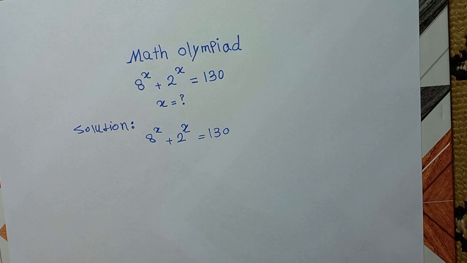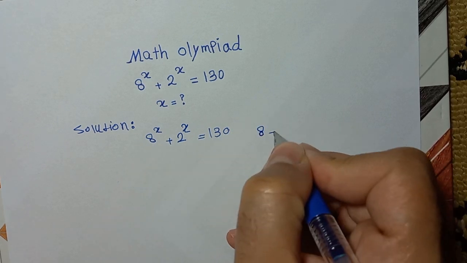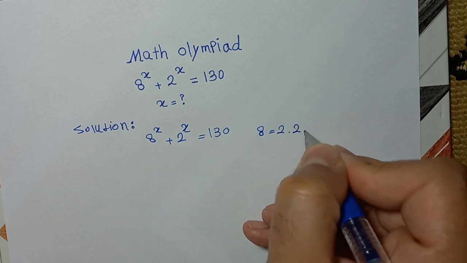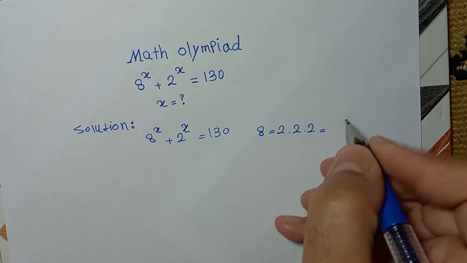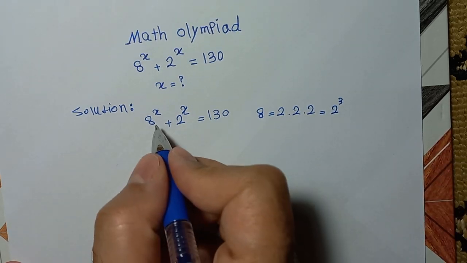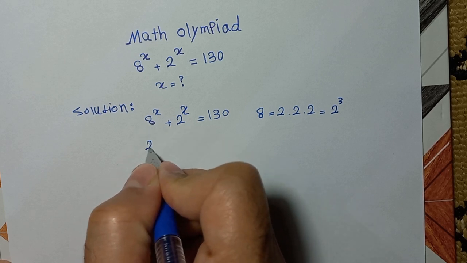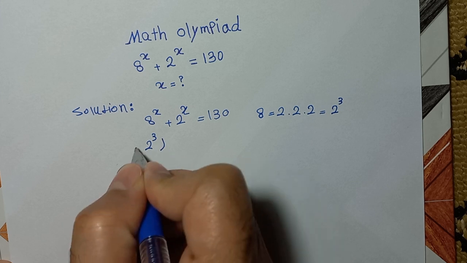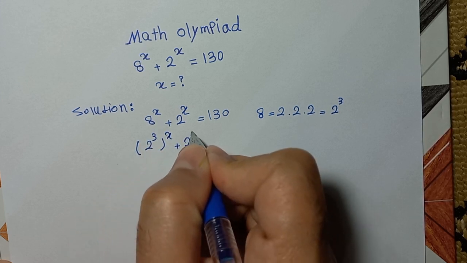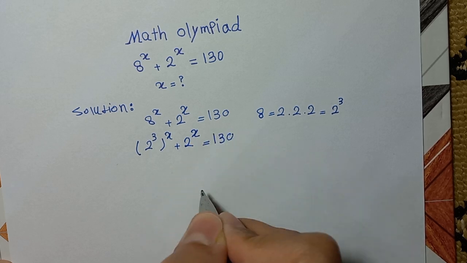130. In here you can easily write this 8 is equals to 2 times 2 times 2, which is equal to 2 to power of 3. So in this equation, we can write this 8 as 2 to power of 3 and bracket to power of x plus 2 to power of x is equals to 130.